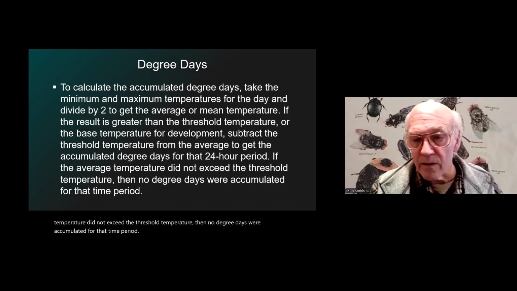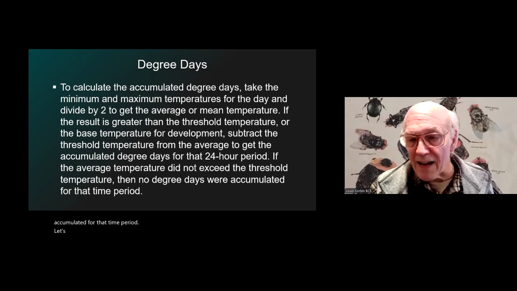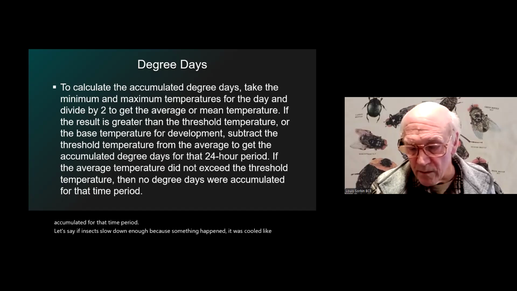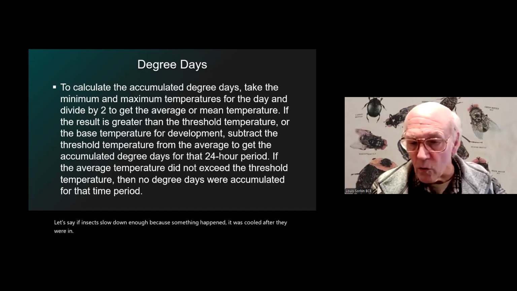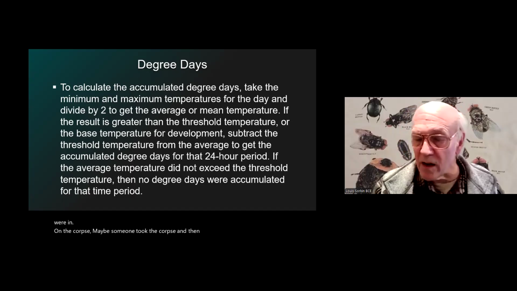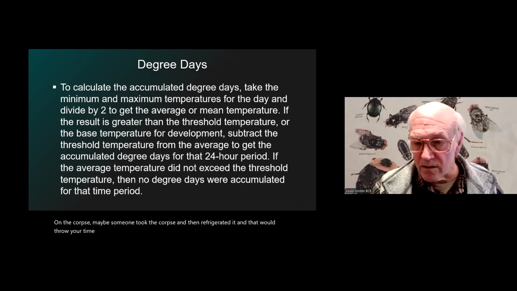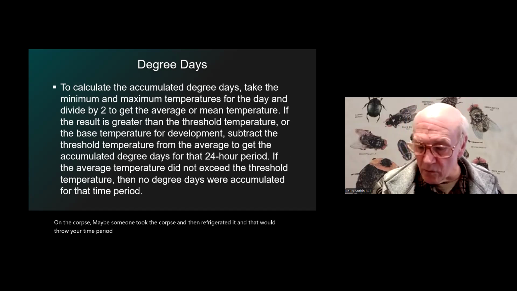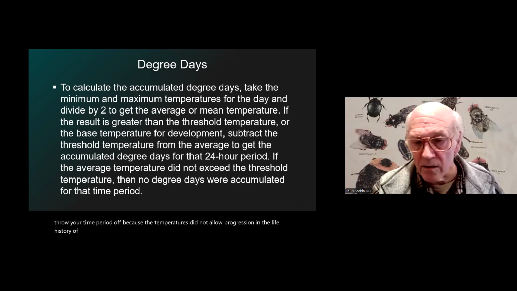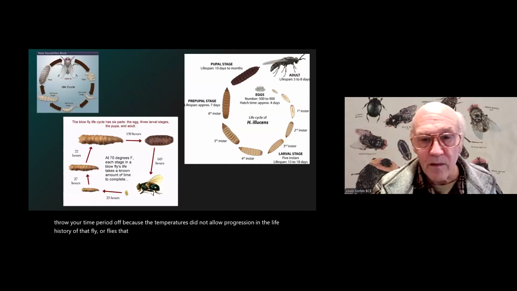Let's say insects slow down enough because something happened, it was cooled, like after they were on the corpse, maybe someone took the corpse and refrigerated it, and that would throw your time period off because the temperatures did not allow progression in the life history of the fly or flies that are larvae now on the body.